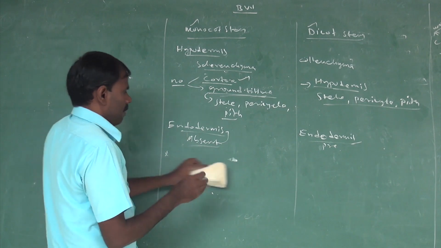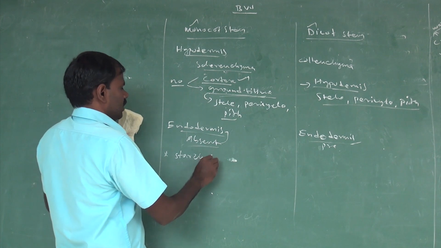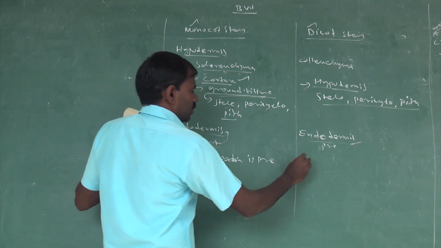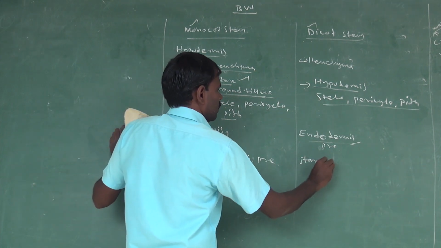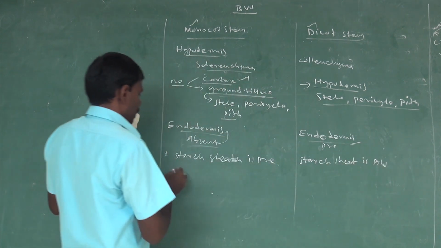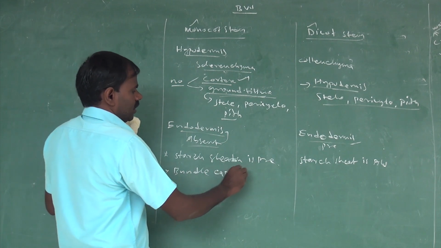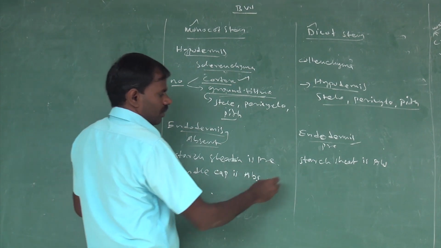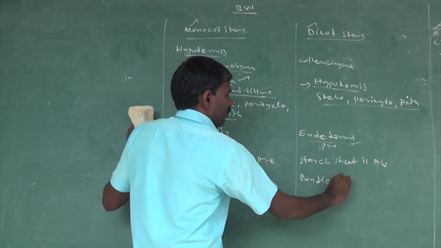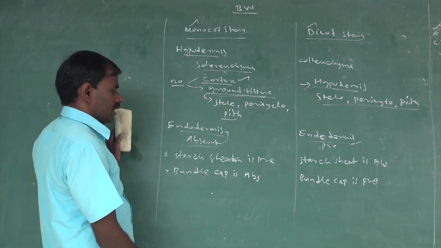And the third one: starch sheath is present in the dicot, while starch sheath is absent in the monocot. Bundle cap is absent in the monocot, but the bundle cap is present in dicot stems.